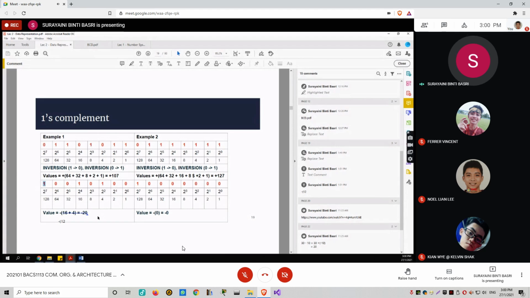Actually, the calculation for this one is a little bit wrong. This should be the calculation here: this should be negative 107. But for this one, I will get back to you guys later, in our next lecture, because I haven't changed this calculation here.